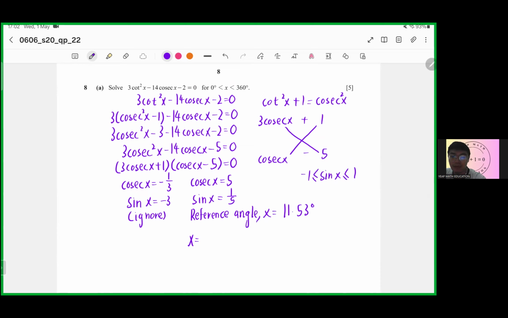Because the sine is positive, we can find the angles in the first quadrant and second quadrant. So we write this first quadrant and then second quadrant. Okay, so this is our answers here.